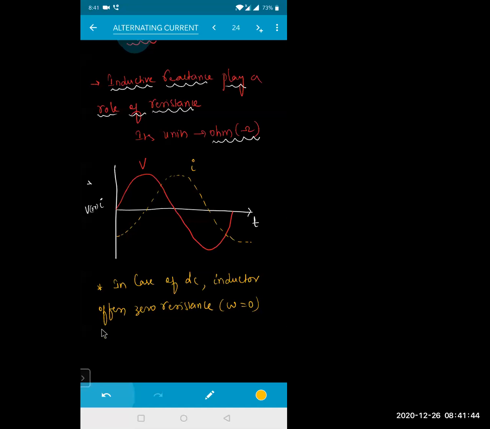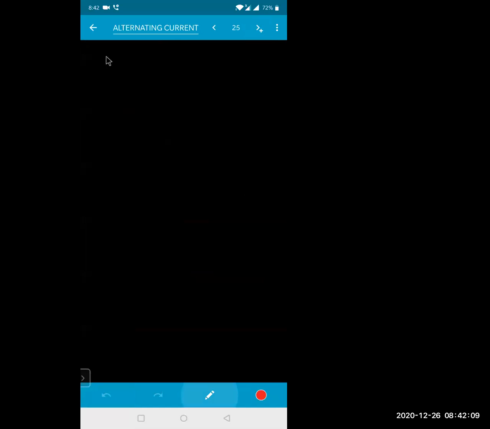But in case of AC, it offers a resistance, XL equals L into omega. Is that clear?